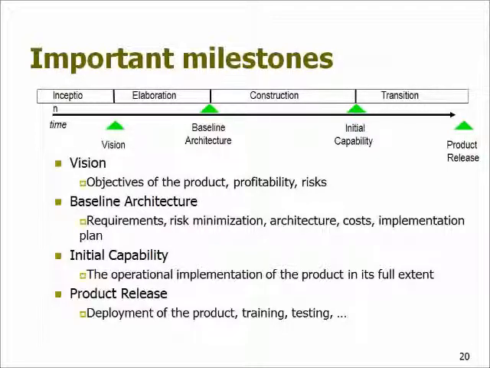After the elaboration, we know the architecture, we know the costs, we know the implementation plan, we more or less know who we want to use for it. The construction is construction of the operational implementation, and finally the product release is something where we can start making money with the product, or we make our customer pay the fees related to that product.